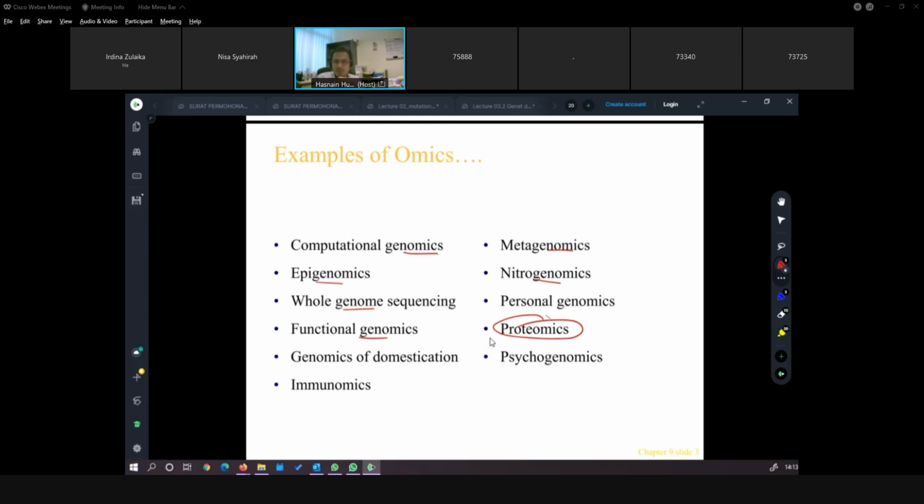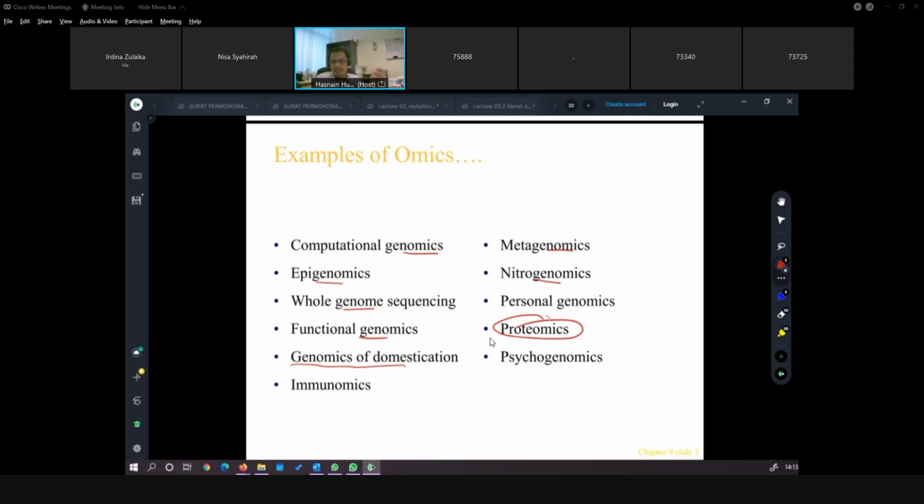And then genomics of domestication, for example, people have studied the genomes of dogs, the genomes of certain plants. Domestication means that usually it was a wild organism, the wheat, for example, the dogs, for example, and then throughout evolution, changes in the gene sequence allowed those species to be improved.